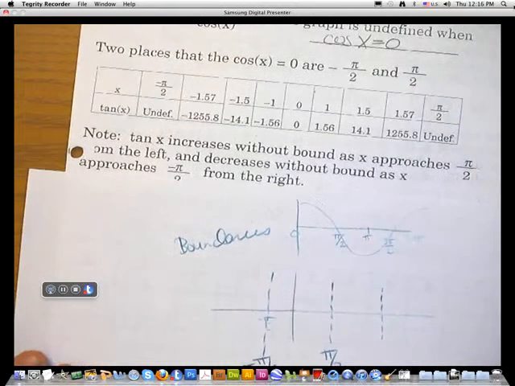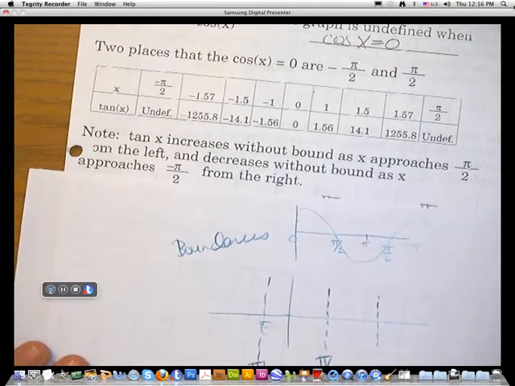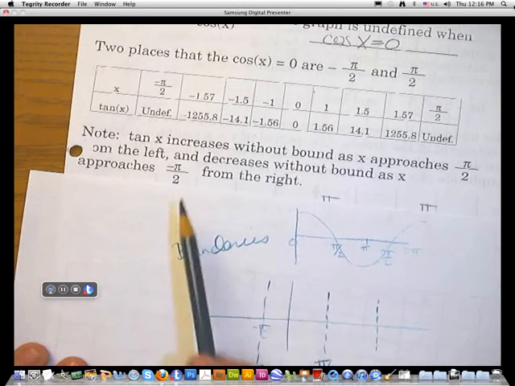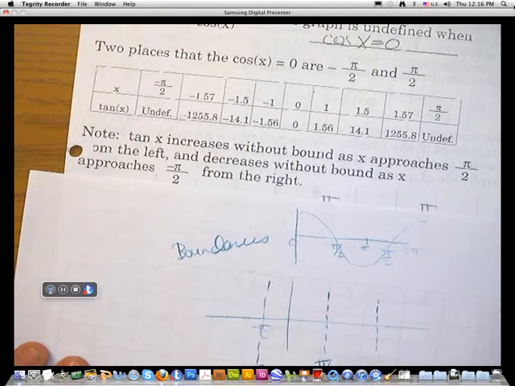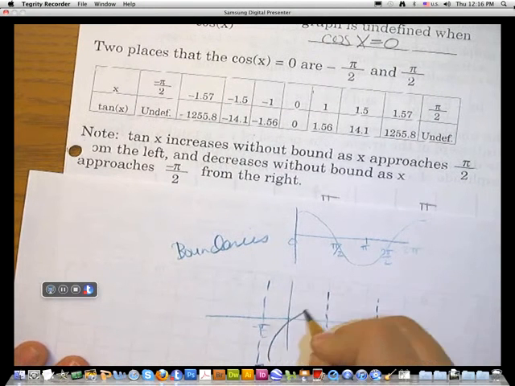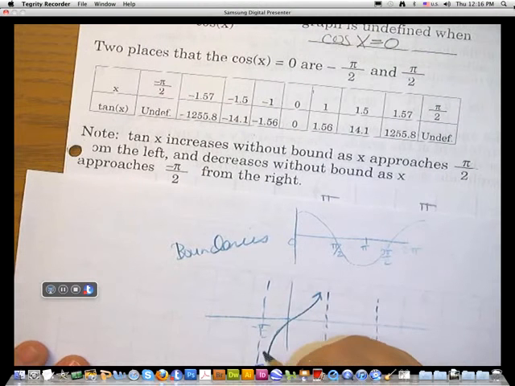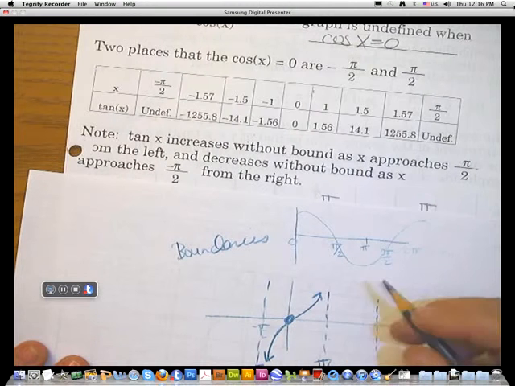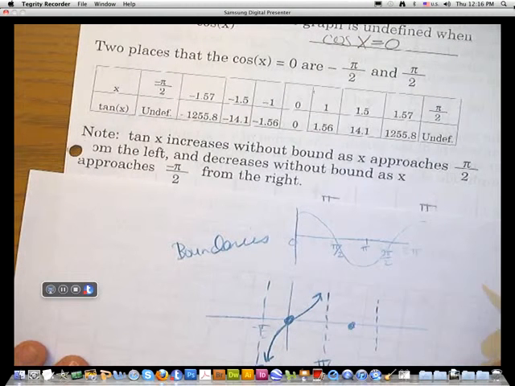So what's going to be happening here is that it's going to increase, meaning from left to right it's going to go up. And it means it's approaching the asymptotes. Halfway between, it's going to hit the 0.